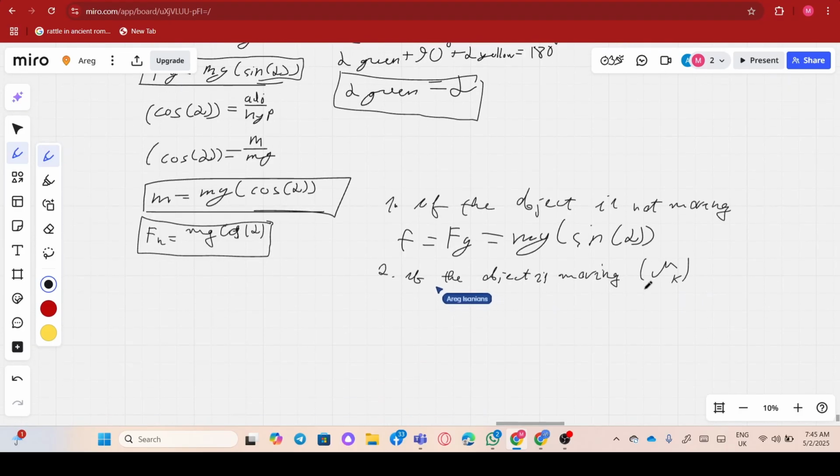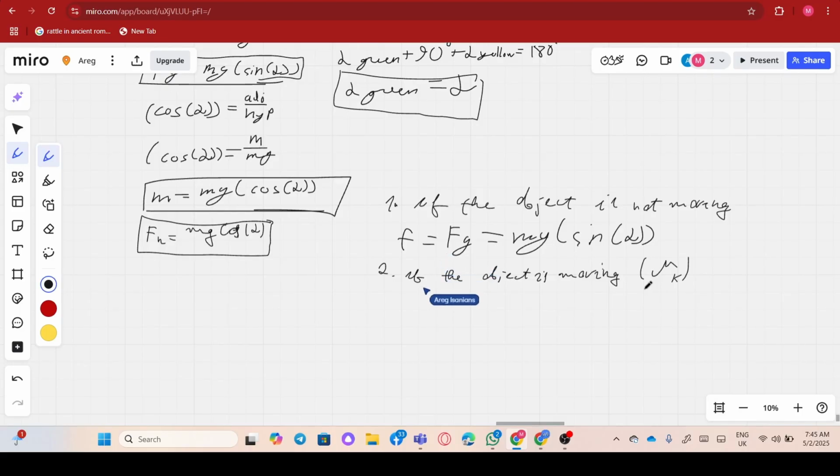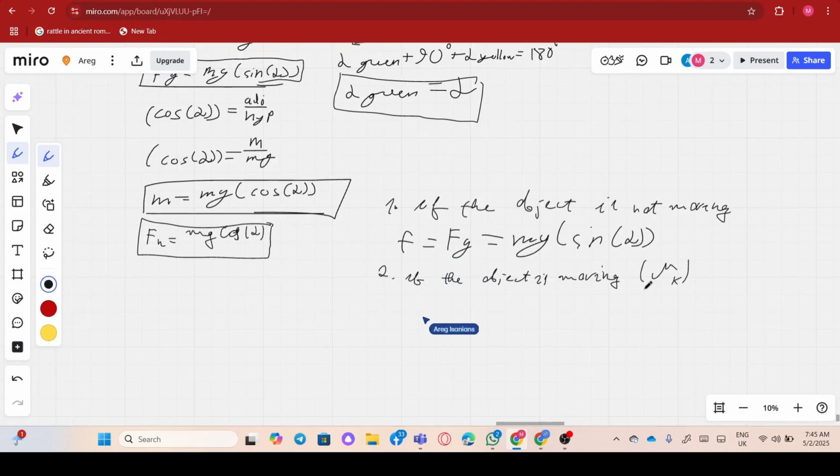So if the object is moving, it would be kinetic friction, which would mean that we would have to use this equation to solve it: Fk is equal to Fn times mu k.